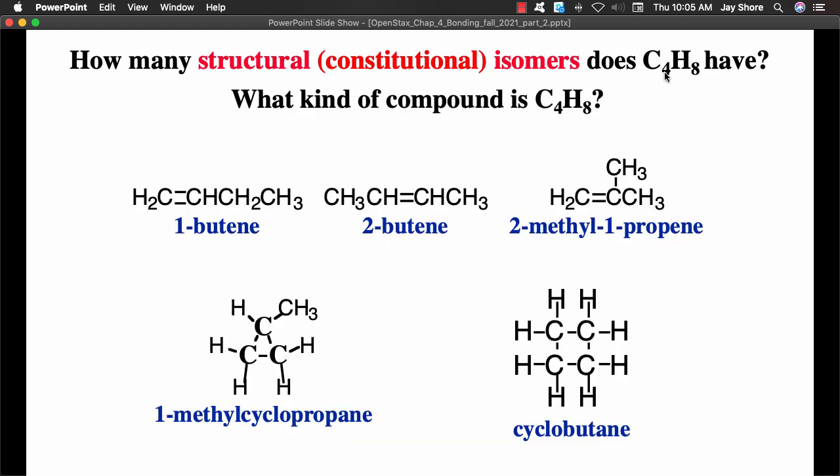If we're asked about C4H8, that corresponds to CnH2n, and so that means we're going to have a double bond or a cyclic group. And so if the double bond goes between the first and second carbons, that gives us this molecule. If we put a double bond between the second and third carbon, that gives us this molecule. A double bond between the third and the fourth is the same as between the first and second.